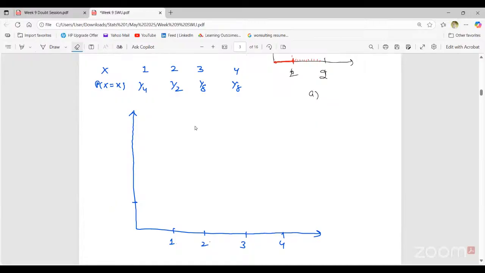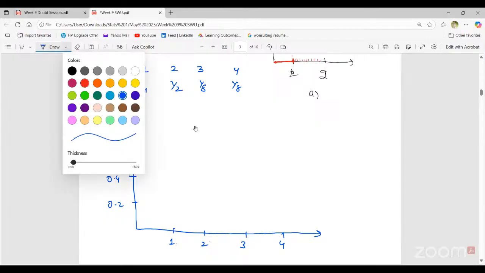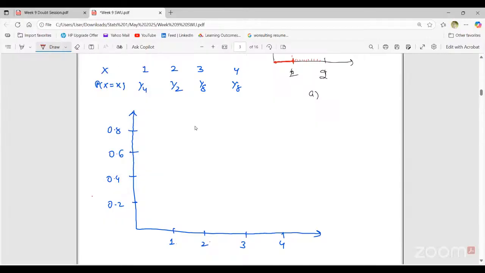This was 0.2, 0.4, 0.6, and 0.8, correct? Now F(x) is like, when x is less than 1, till here, it will be 0, correct? Yes, ma'am. Okay. Now at 1, it will have a jump.